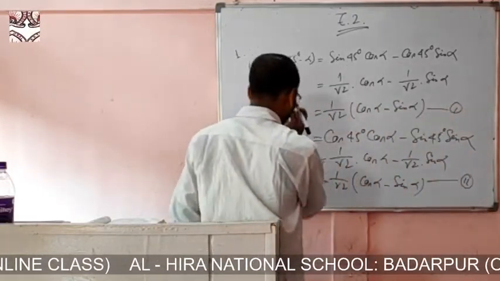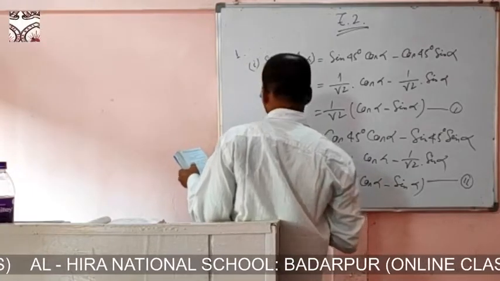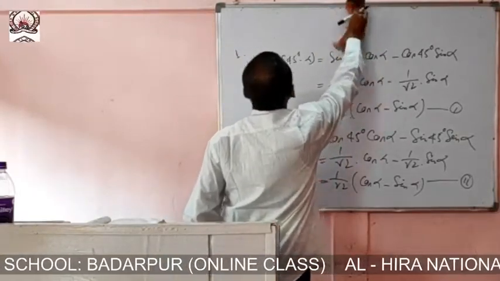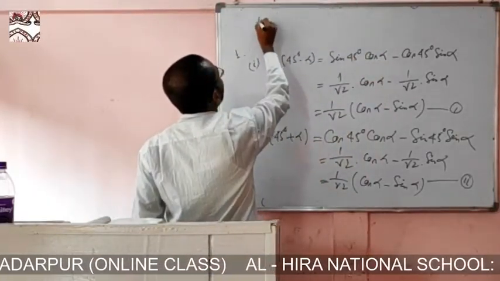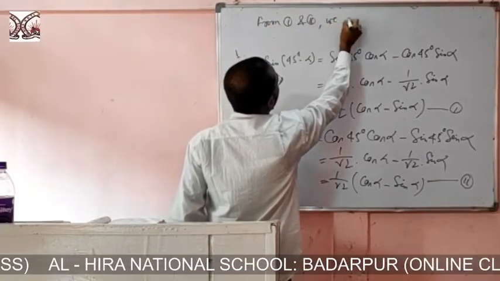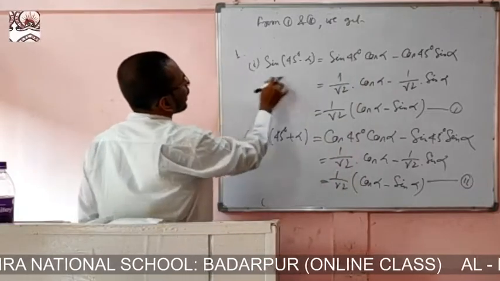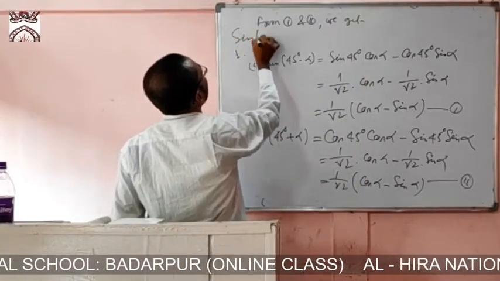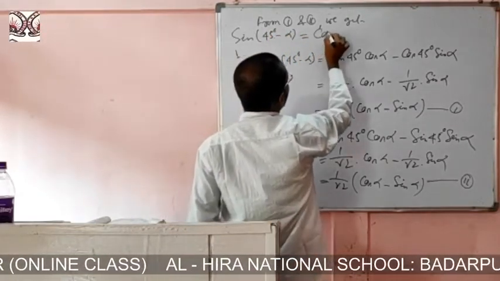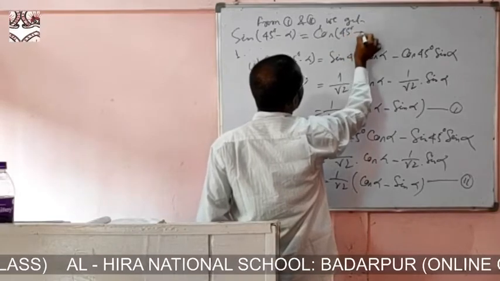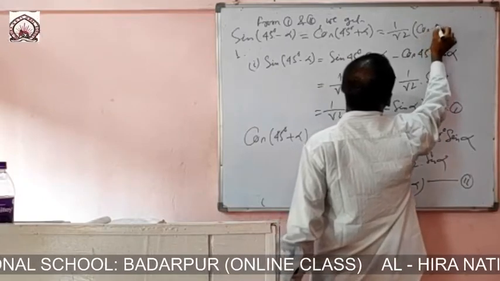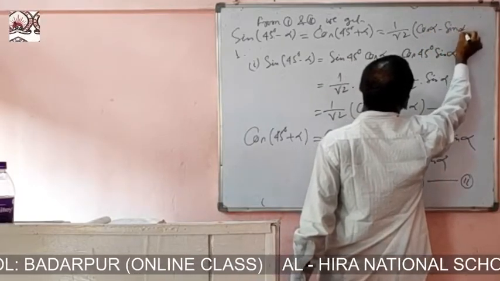So from 1 and 2 we get sin 45 degree minus alpha is equal to cos 45 degree plus alpha is equal to 1 upon root 2 into cos alpha minus sin alpha.